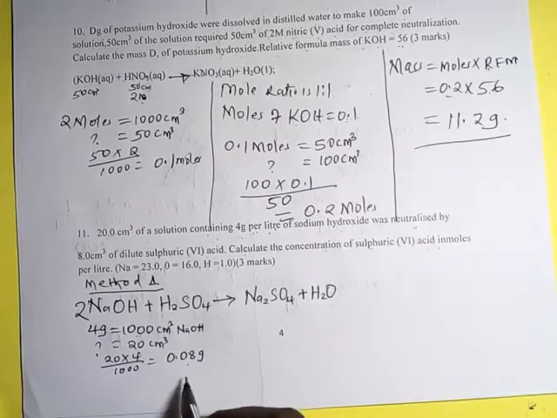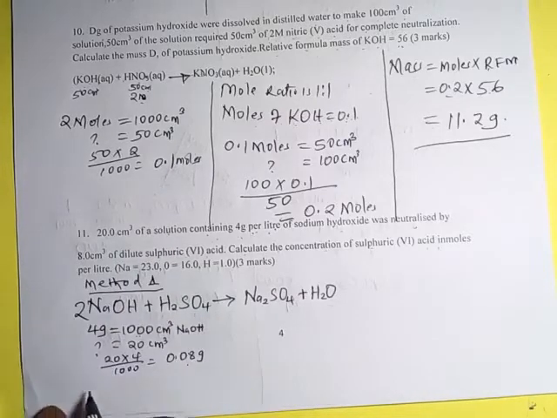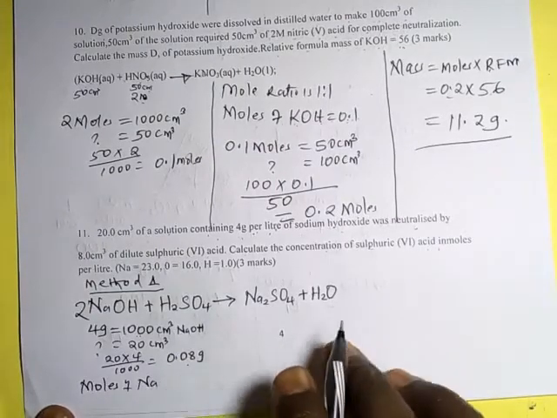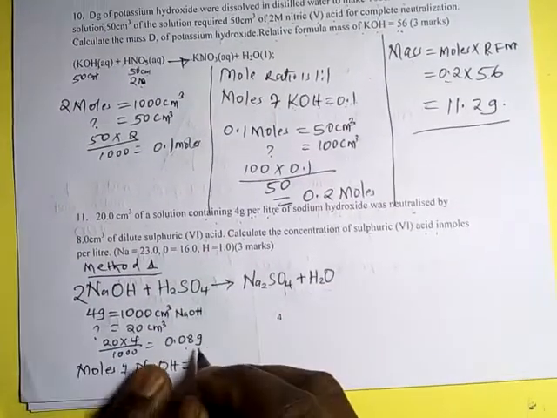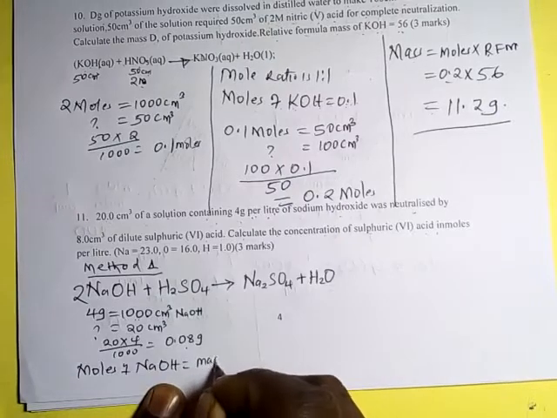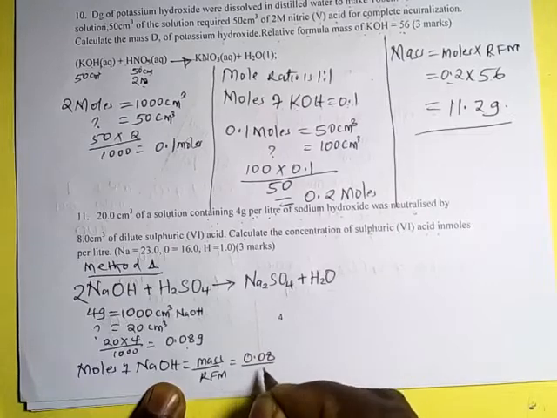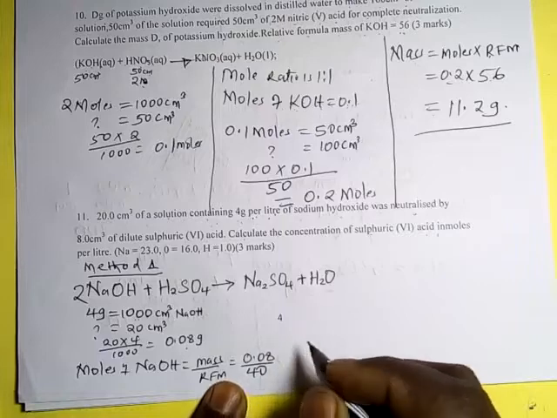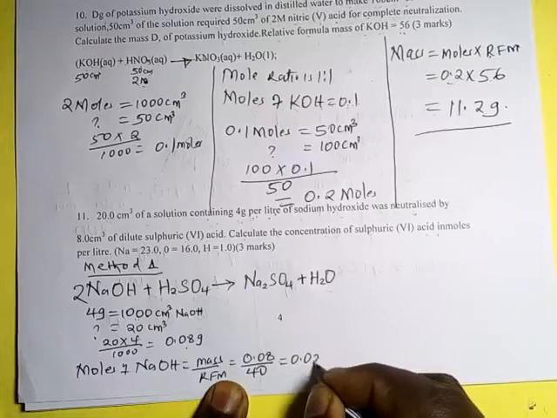Now since we have the mass, we can get the number of moles of sodium hydroxide. Moles is given by mass over RFM. The mass is 0.08 and the RFM is 40, and this will give us 0.02 moles.